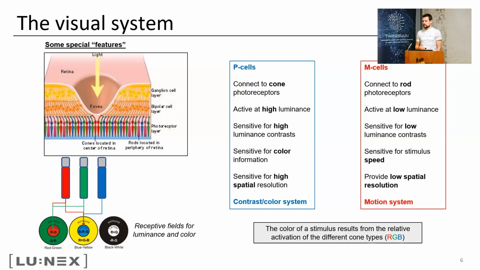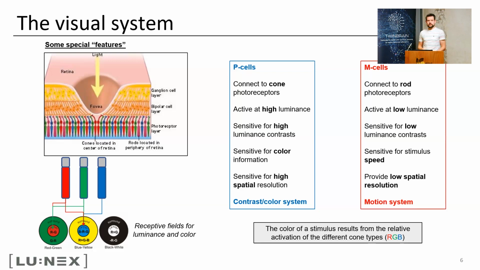And we have to consider what the characteristics of the visual system are. That is also something that some years ago caused a bit of confusion, especially in the field of sports. I will come back to that later, because these two systems were mixed all the time. And it was always the question, why do we see no differences, or why do we see differences in some studies and not in other studies? Because they all mixed up the different types of stimulation. But we will see that later.